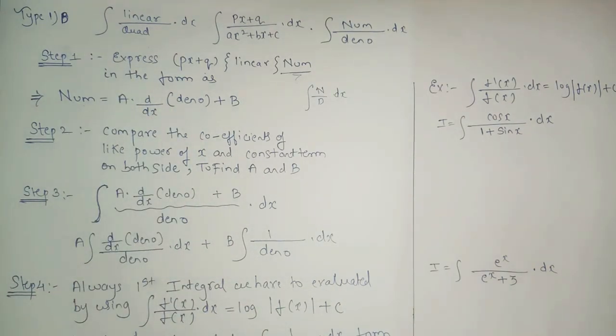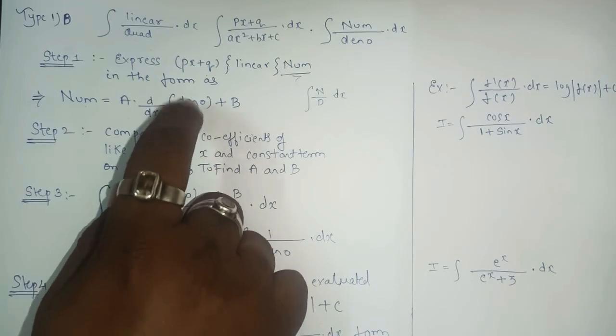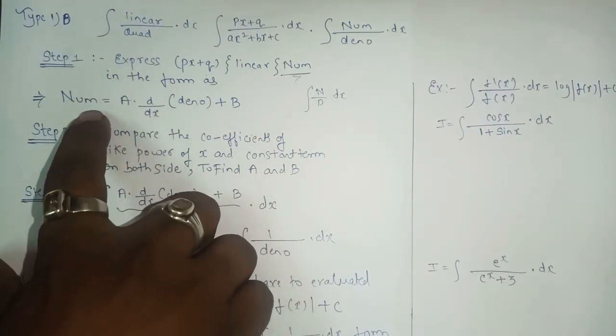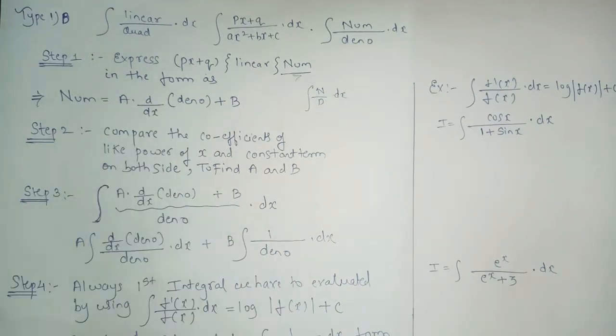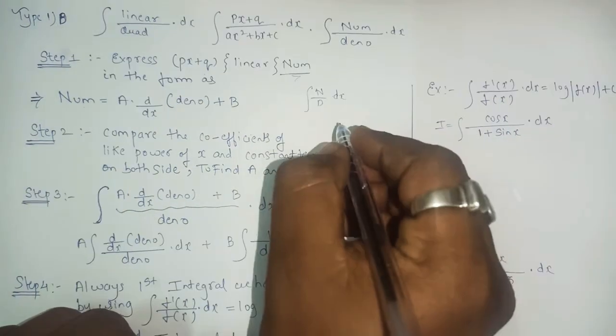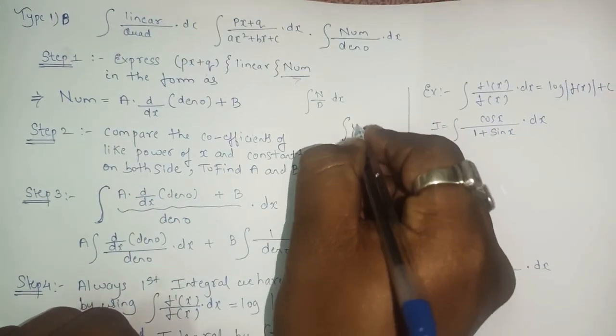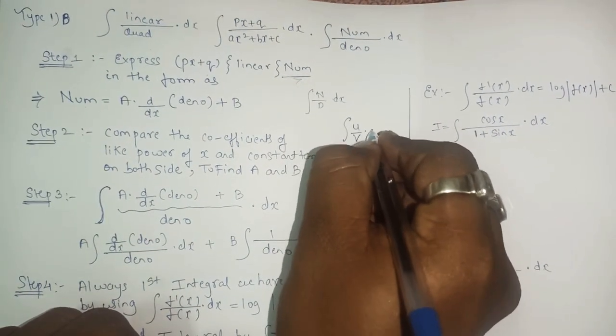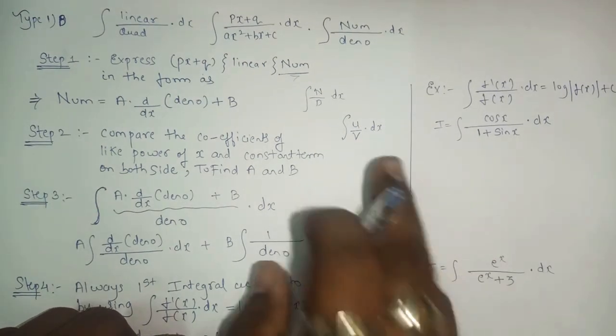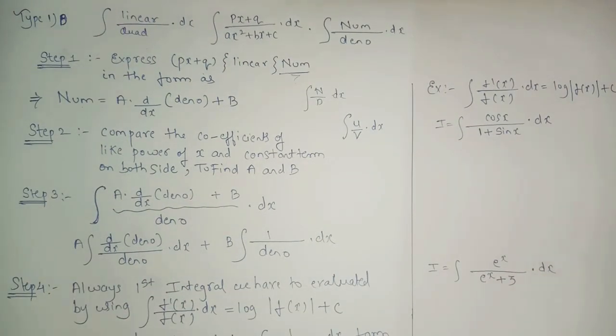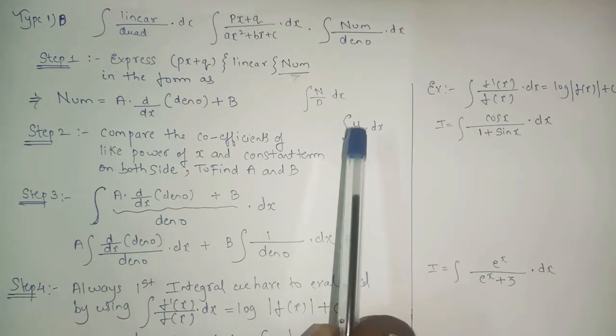Why do we have to express the numerator in this form? Because in integration we don't have a u by v rule. In derivatives we have the u into v and u by v rules, but in integration we have u into v, but we don't have u by v.